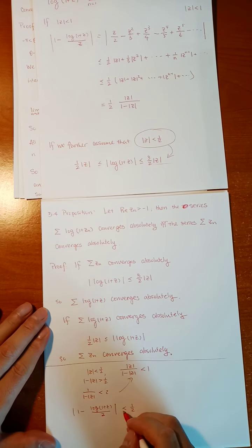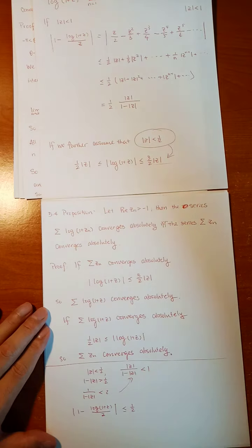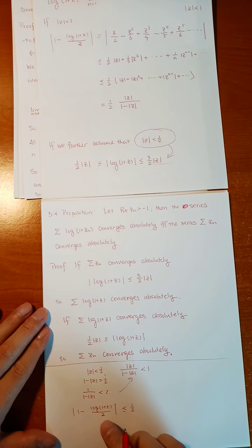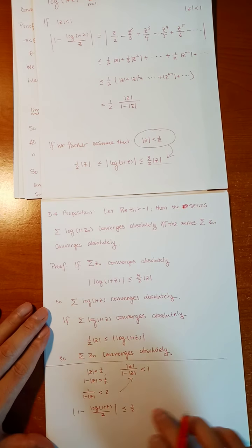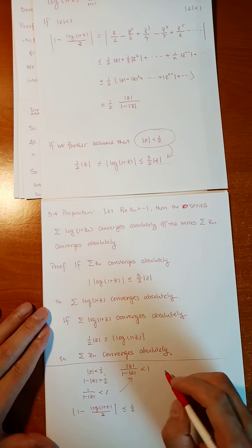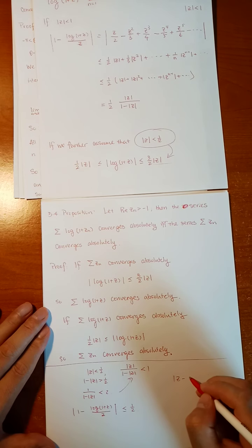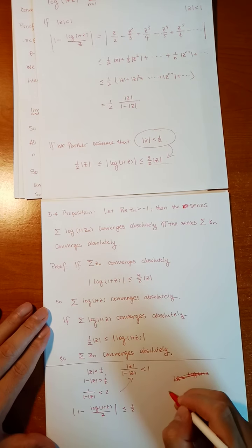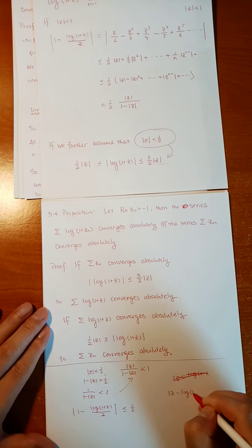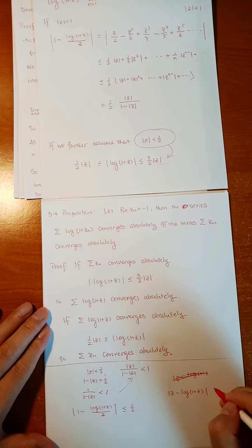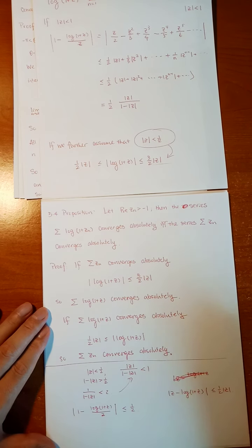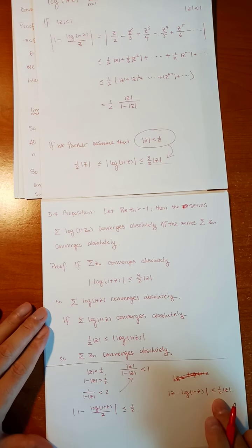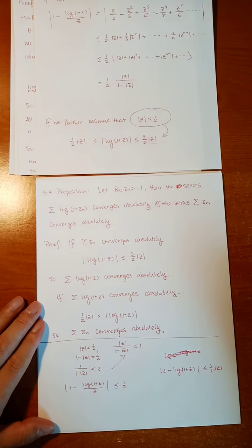So you have this difference, whose absolute value is less than or equal to 1/2, and we're talking about the nonzero z, so we multiply this by z. Multiply this inequality by the absolute value of z, you have this, right?